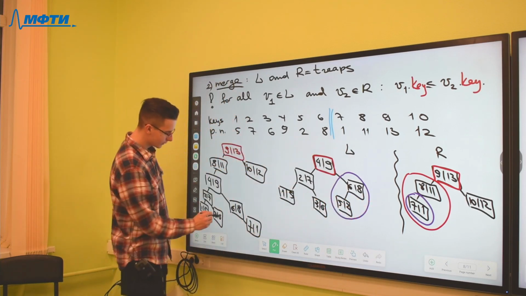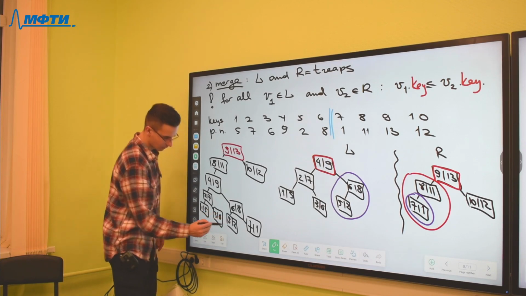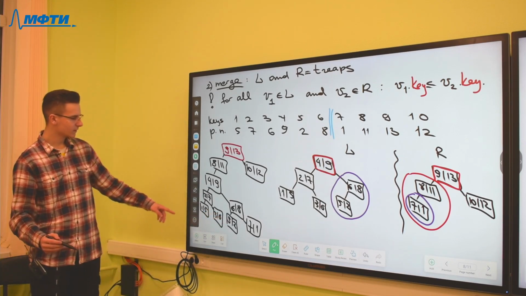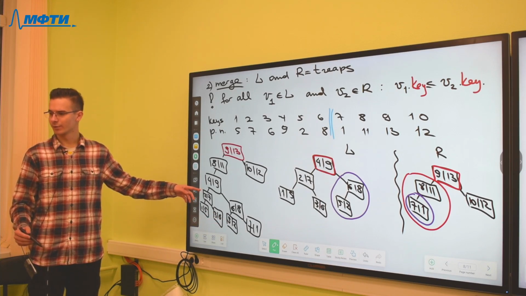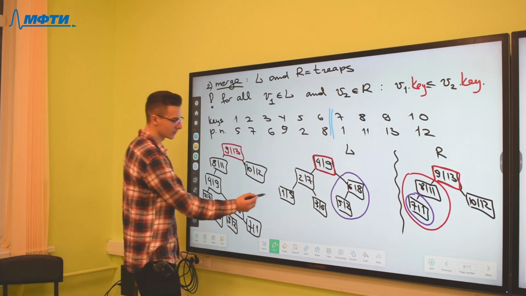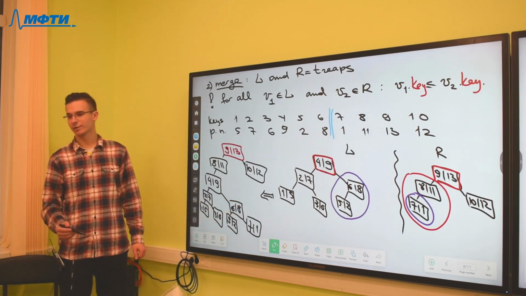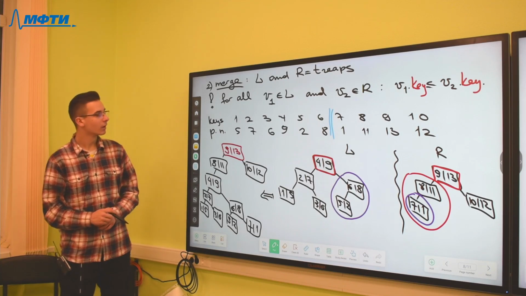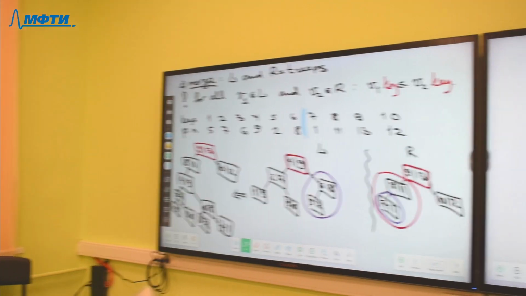And 5, 2 will be, is it equal to the first treap? Yeah? Okay. So we see that merge is the inverse operation of splitting.